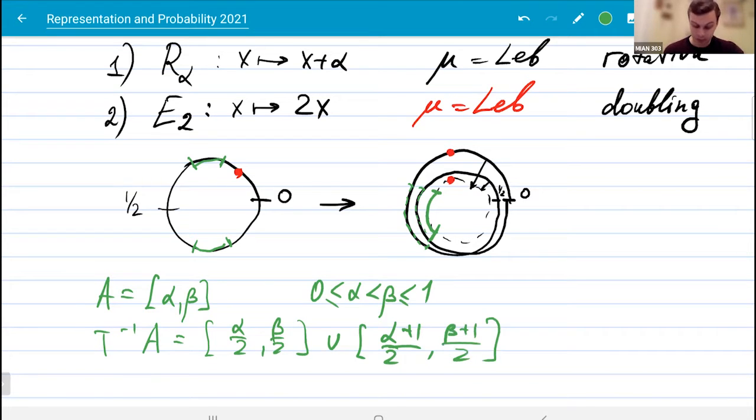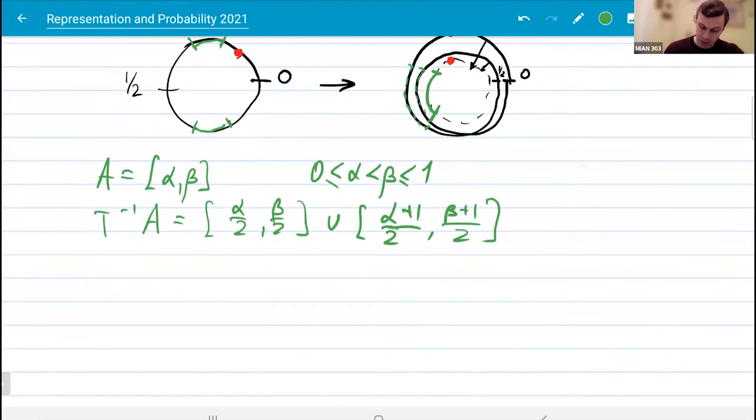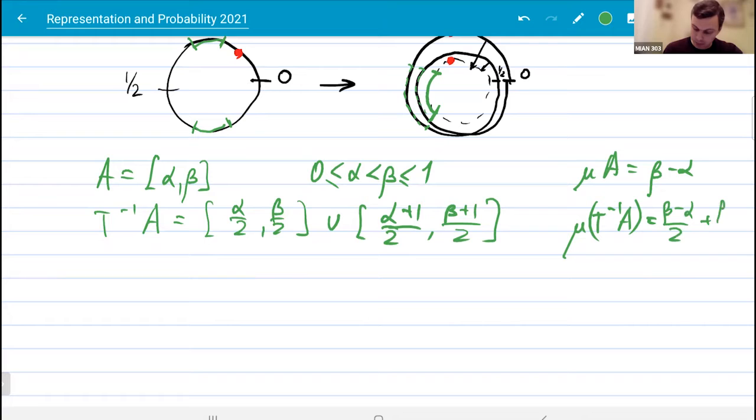And therefore the measure of A is beta minus alpha, and the measure of T minus 1 of A is (beta minus alpha) over 2 plus the same. So they are equal. Okay, so this is another example. Of course, there are many more, and we'll discuss some such examples, I guess, even today. But let us just now consider these two.